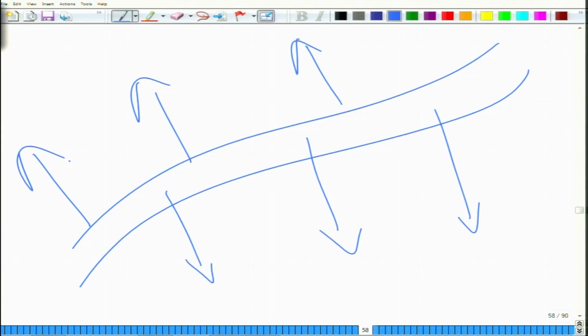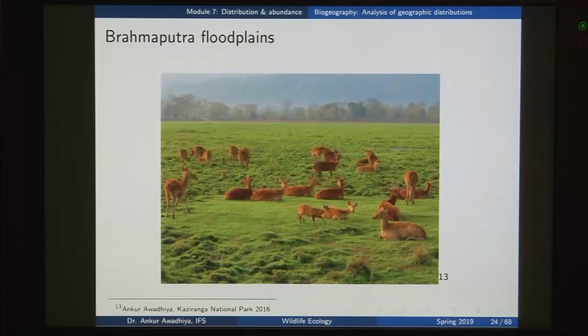Now, when these floodplains are getting inundated, the sediments that were brought by the river are also distributed to all of these areas. Now, these sediments are extremely new soils, so they are extremely fertile, and so the grass growth in this area will be very high.